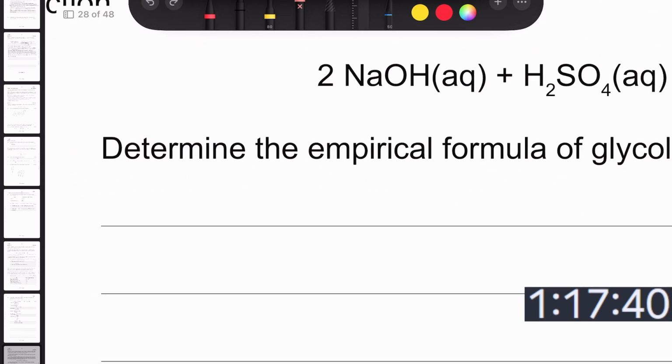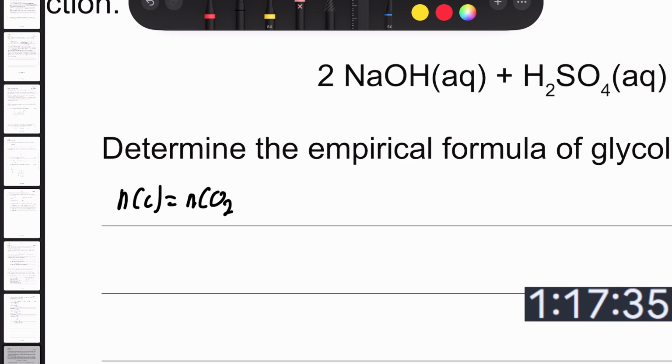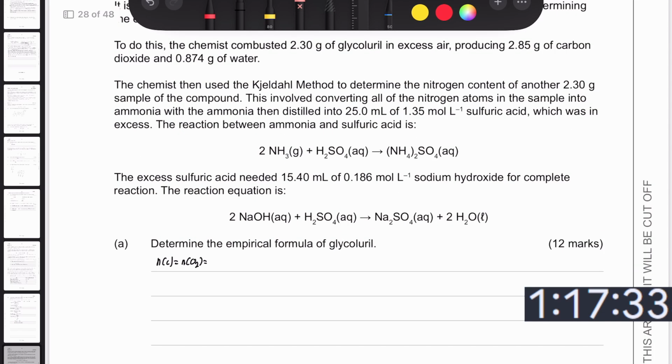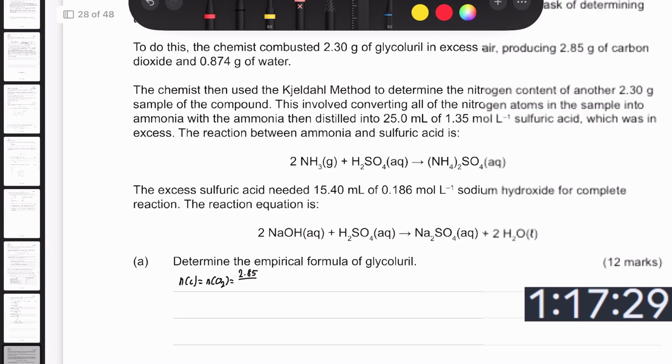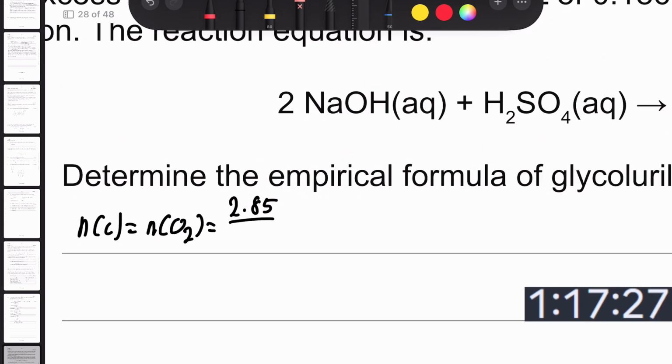Okay, so let's just find the number of carbon. So the number of CO2, which is 2.85 over 44.01, which is 0.06476 moles.